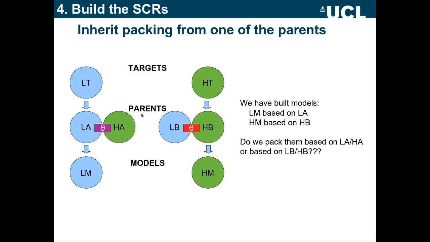And we have the parents we're going to use: the light and heavy of parent A and the light and heavy of parent B. We're going to generate a model for the light and a model for the heavy, and then pack them together. So the question is, if we've built these models LM and HM, do we pack them based on this packing angle LAHA or this packing angle LBHB?